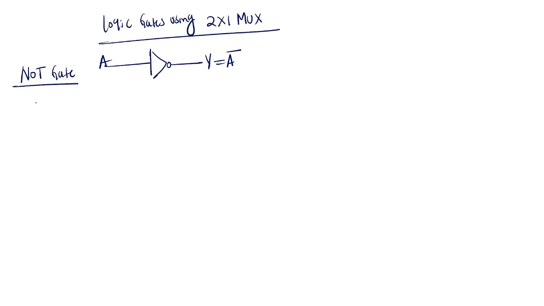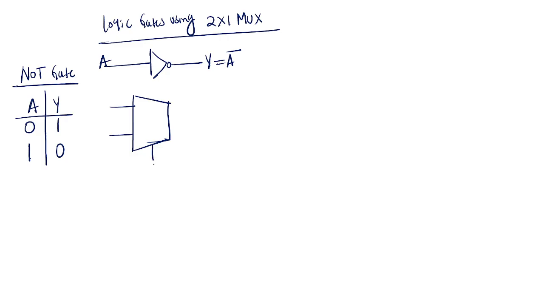So how to design? Just write the truth table. A and Y: 0 gives 1, 1 gives 0. Directly you can give A to the selection line, and this one is 1, and this is the output Y. This is given to 0.